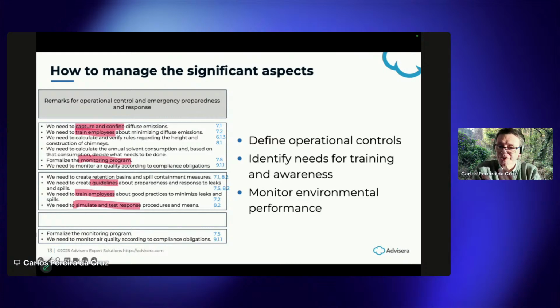I use the same criteria, okay? Things that, as I said before, the probability or likelihood or frequency, if they comply with legislation, yes or no, and the severity, okay, the degree of the impact. It's very simple, but most of the time it's enough, okay.